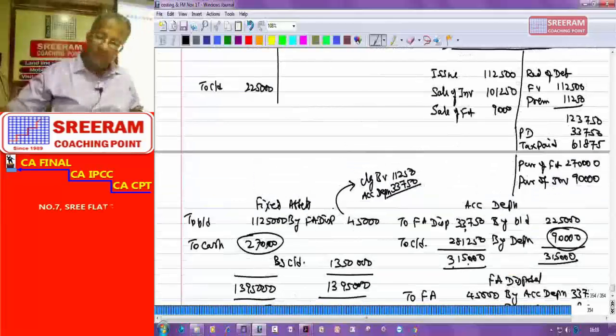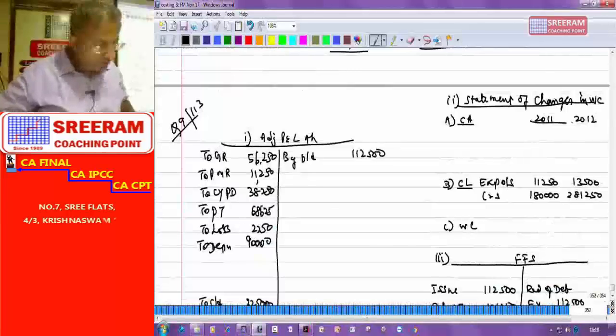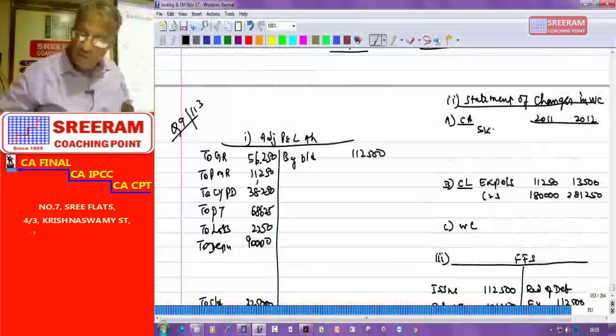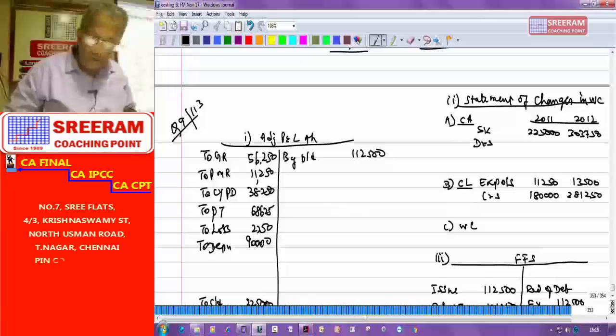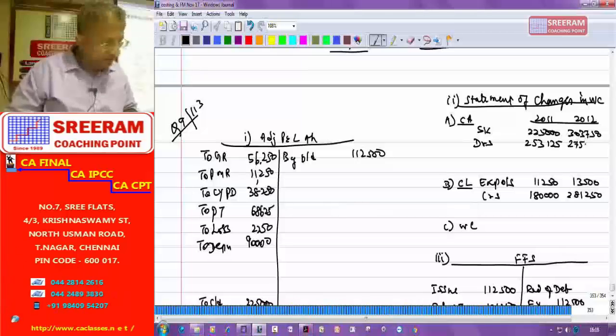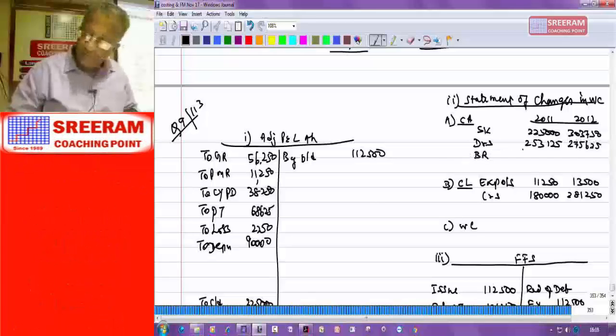Then stock 2,25,000, 303,750. Debtors 253,125, 275,625. Bills receivable 45,000, 73,125.